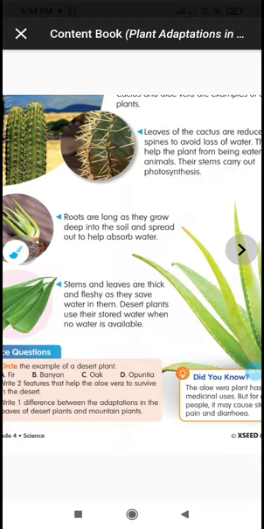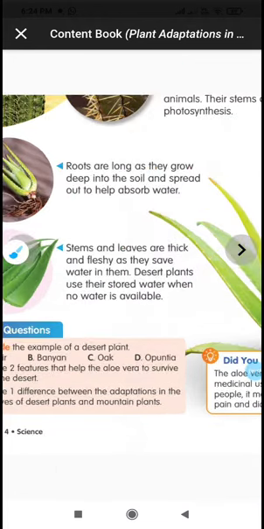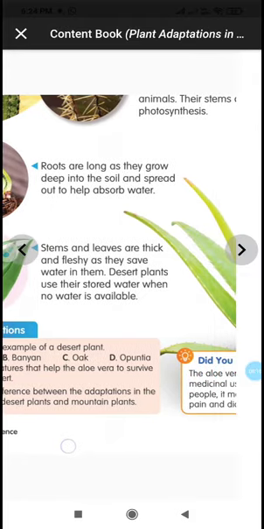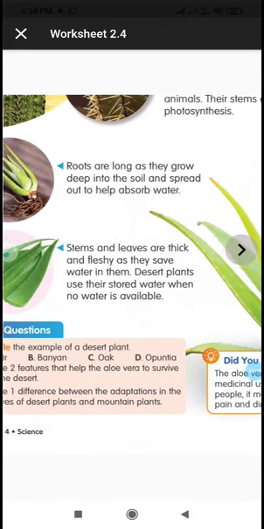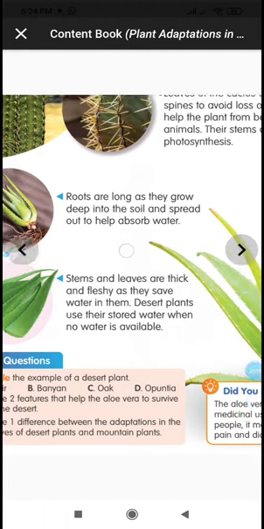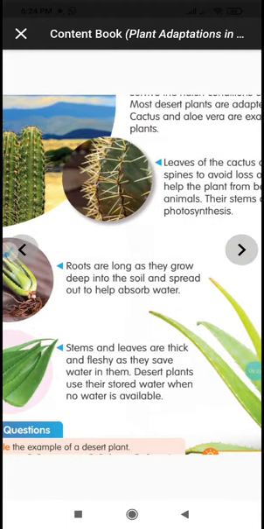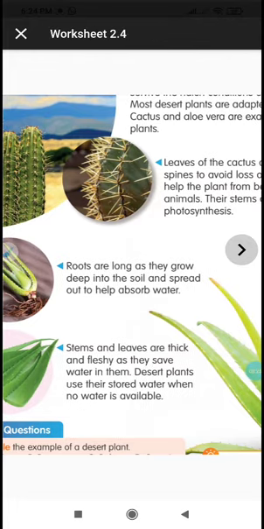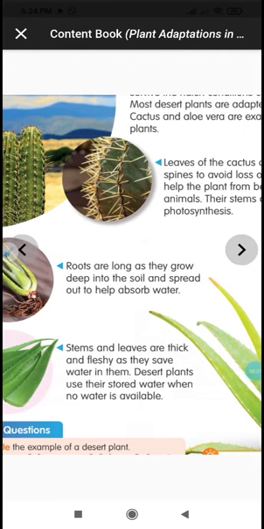Understood, children? Now some practice questions are given here. The first one is: circle the example of desert plants. Which plants are growing in desert? Like a cactus plant, like aloe vera plant, these plants can grow in desert areas.